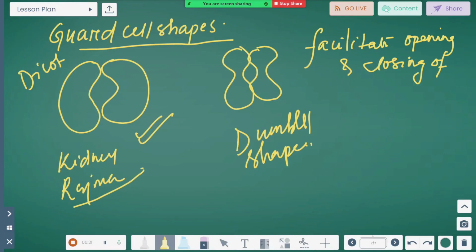But when it comes to grass, you will find only and only the dumbbell shape. So with the type of plant, the shape of the guard cell also varies. I hope this is absolutely clear about the whole stomatal apparatus. If you have any doubts, you can ask.